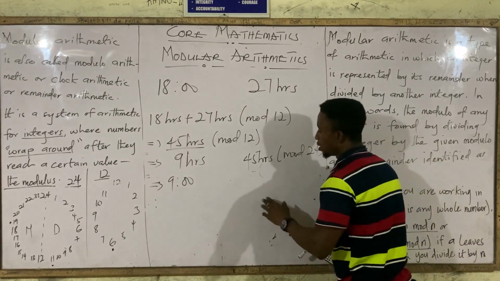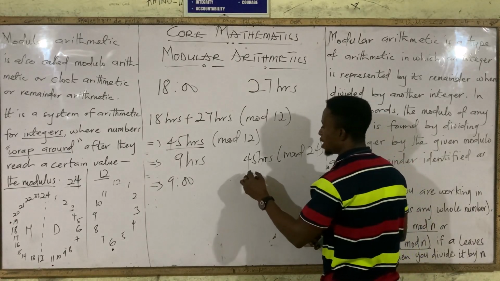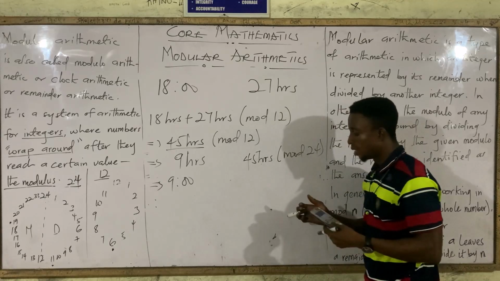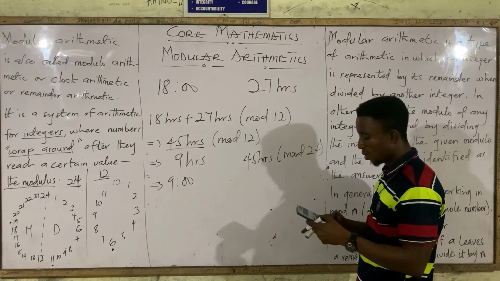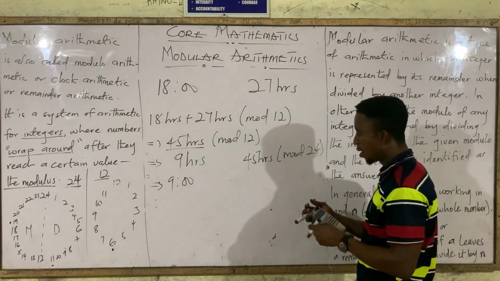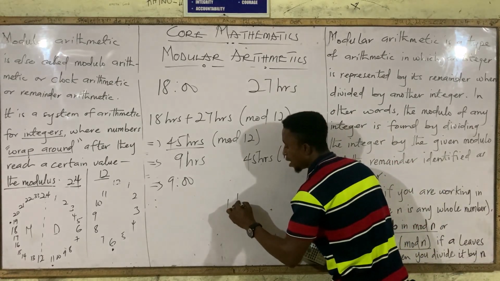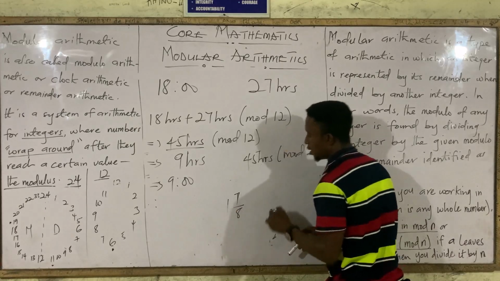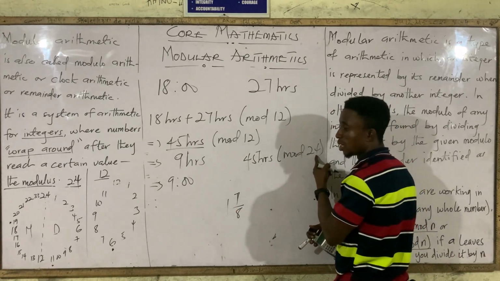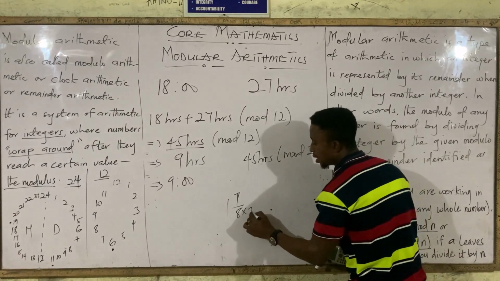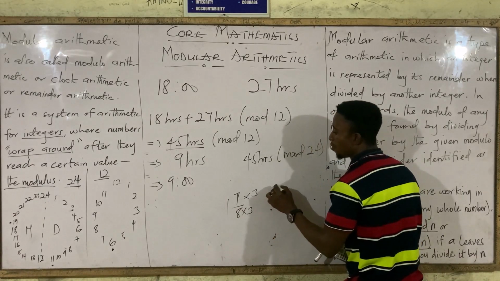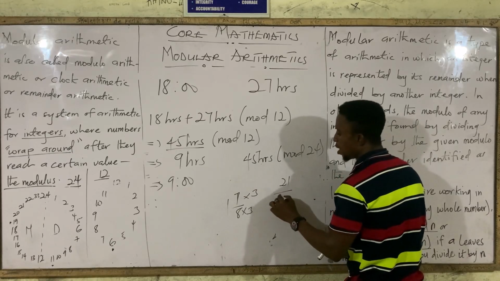So when I work this one, it will be 45 divided by 24, and that gets me 1 whole number 7 over 8. We are in mod 24. So here by 8, by what number will get me 24? That is 3. So here 7 by 3. So for the remainder, that is 21 and what?